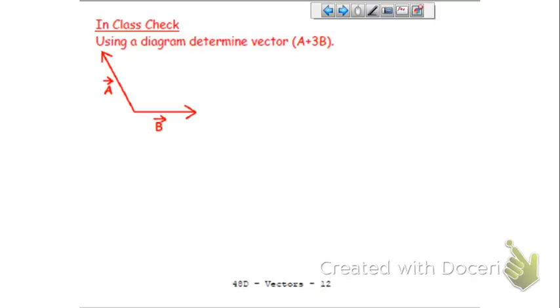This is A. And then 3B. Oh, there's 1B. There's 2B. And there's 3B. This is going to be 3B.